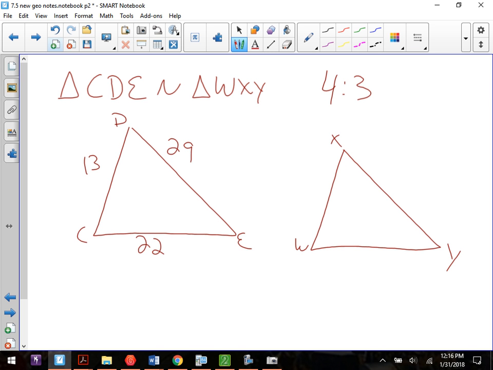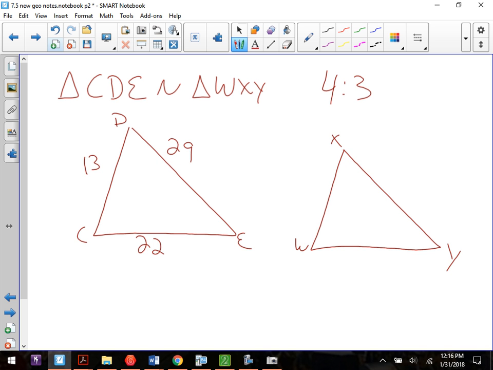Now, when we first talked about similar triangles, before we talked about how to prove them, one of the things that we talked about is that if triangles were similar, their sides have the same scale factor, as well as their perimeters. You guys remember that vaguely?